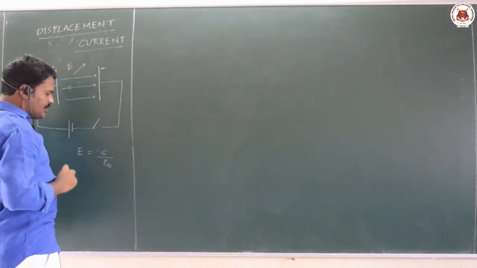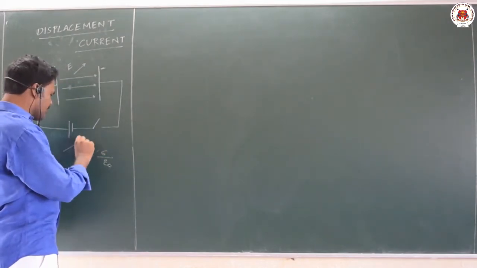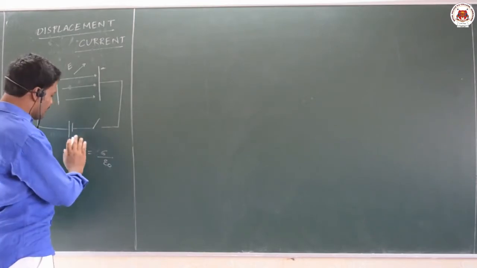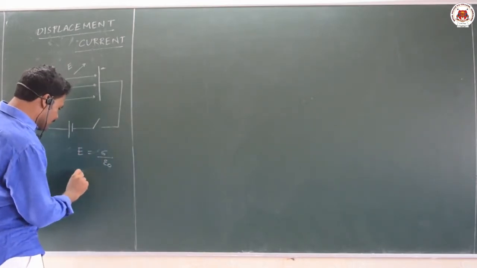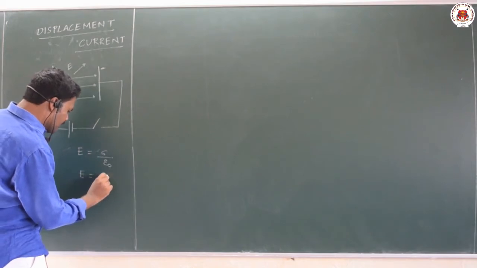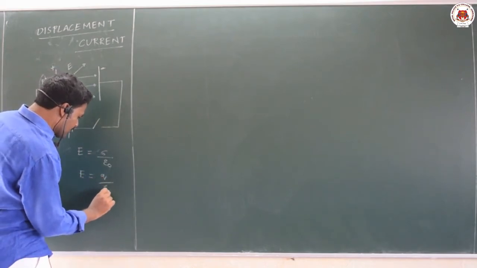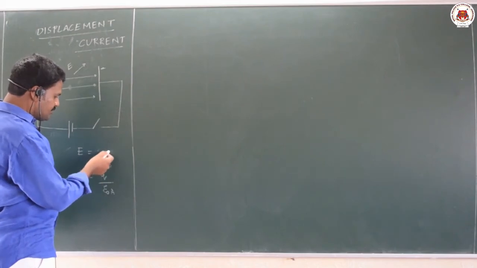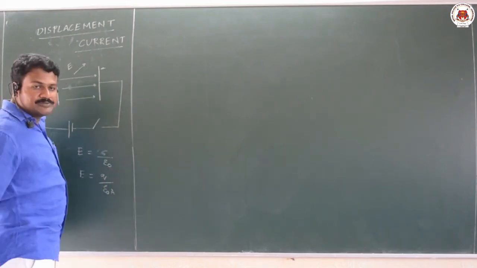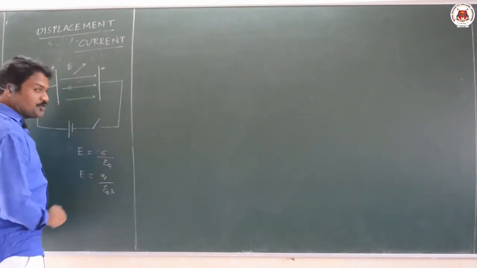This you will get in the derivation of the capacitance of the capacitor. E is equal to Q by epsilon naught A, because sigma is Q by A. So E is proportional to Q.